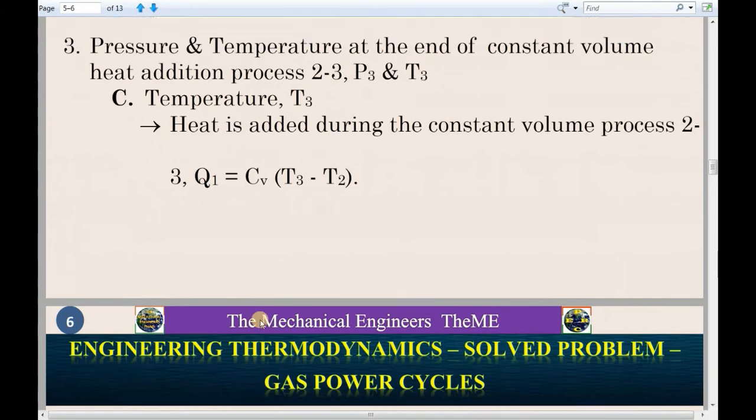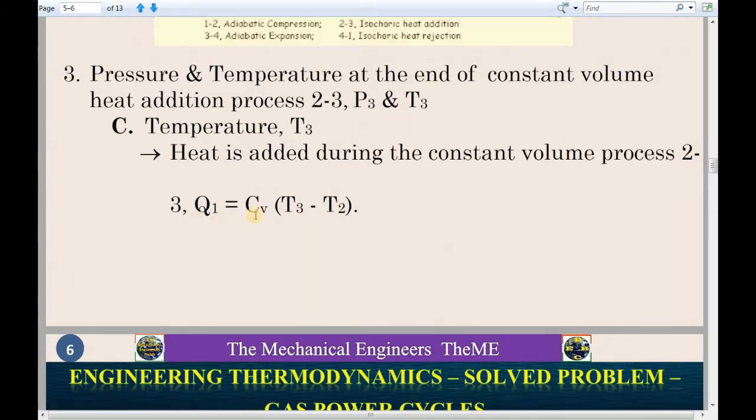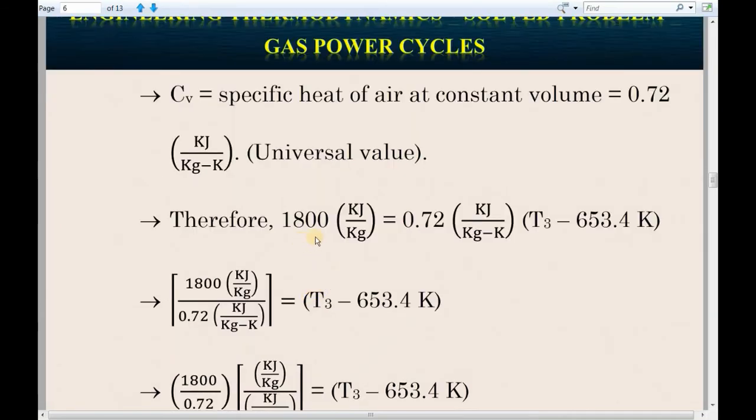So in this formula, we know the values of Q1, Cv and T2. So just substitute the values. We get 1800 kJ per kg is equal to 0.72 kJ per kg Kelvin into T3 minus 653.4 Kelvin. Now move this 0.72 kJ per kg Kelvin to the denominator of LHS.